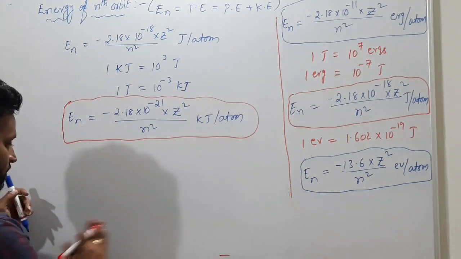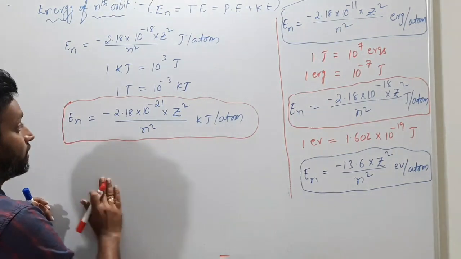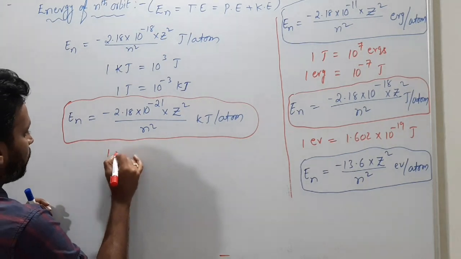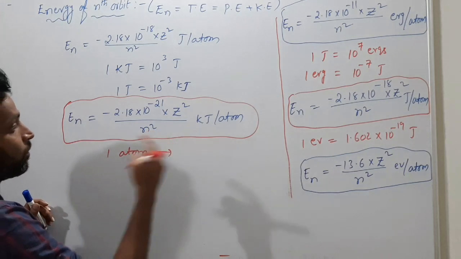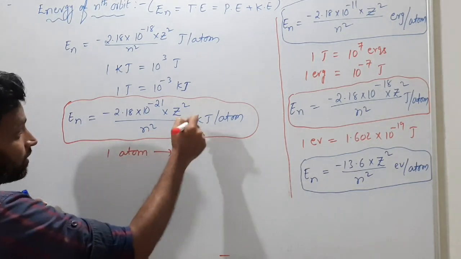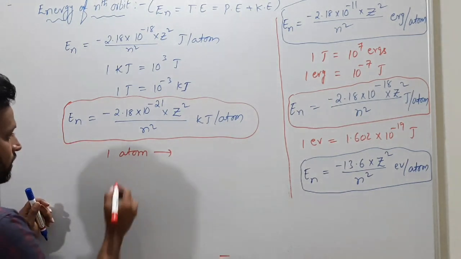Kilojoule per mole I want. If I want kilojoule per mole, what to do? For one atom, this much energy. Per mole means Avogadro number, so you have to multiply with 6.023 into 10 power 23.